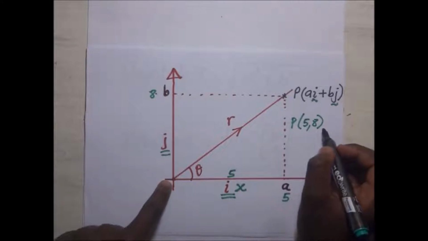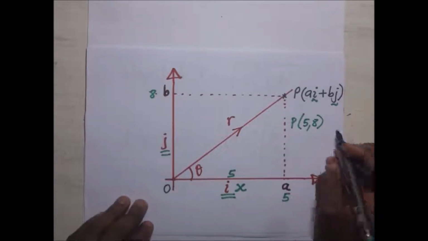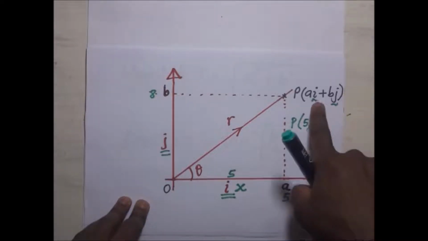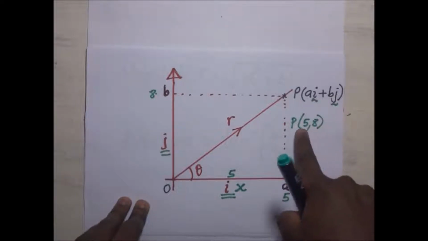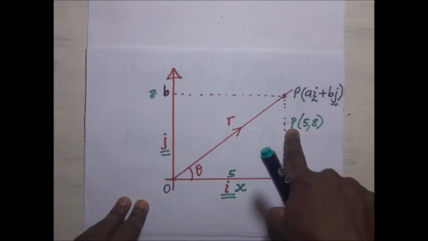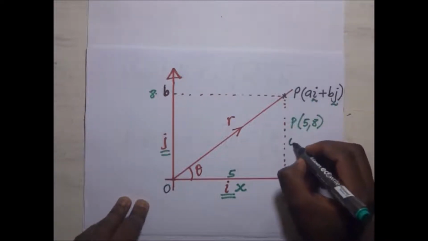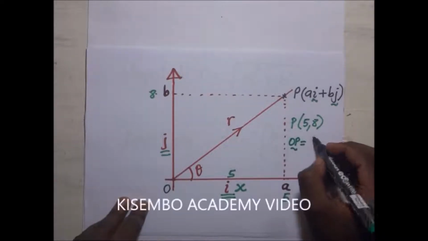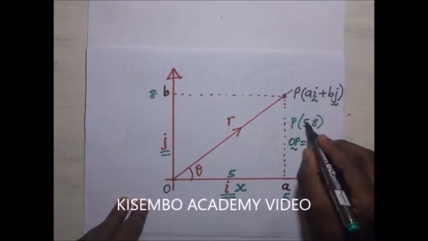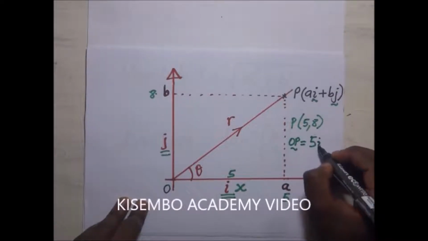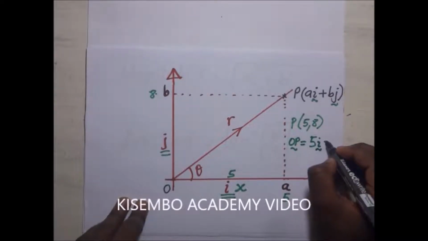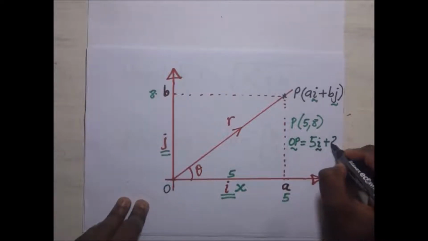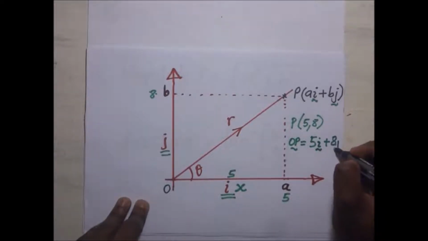And if it is 5, 8, it simply means that if we are to use the ij notation to represent the position vector of P, which will be OP, then OP will be 5 in the x direction, so the x direction is denoted by i, plus 8, positive 8, in the j direction.